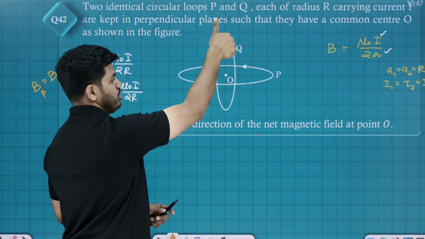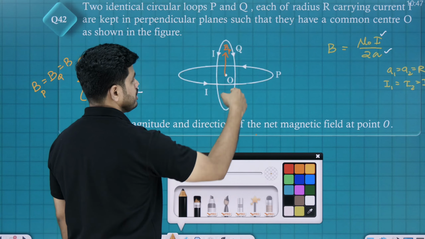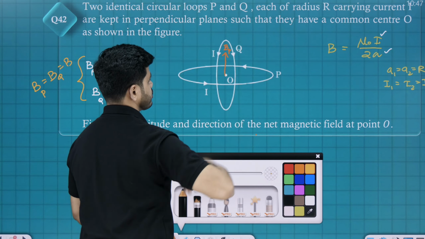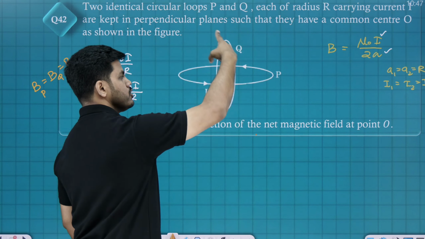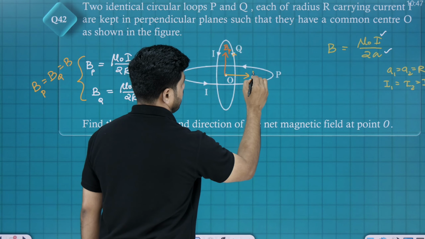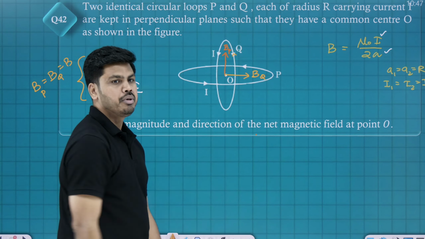Whereas for the magnetic field due to the loop Q, the current is flowing in this direction. It is going in this direction. If you apply the right hand thumb rule there also, the magnetic field due to Q is going to be BQ.